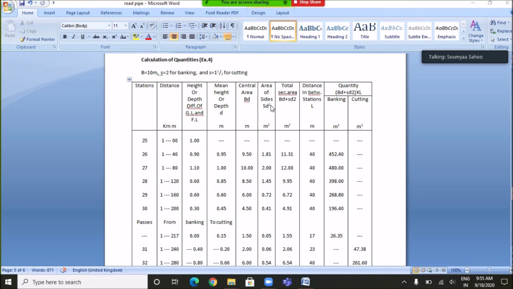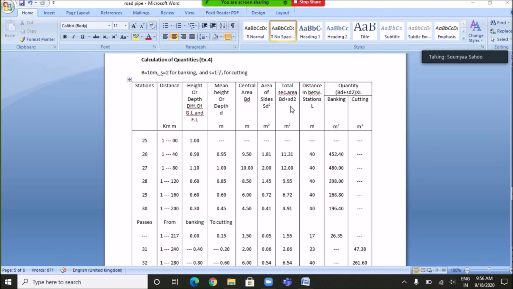Here you have to be a little bit cautious as the slope is 2:1 for banking and 1.5:1 for cutting. So since from station number 25 up to station number 30, banking work is done, here the S value will be 2, whereas after the banking portion, the value of the side slope will be 1.5.